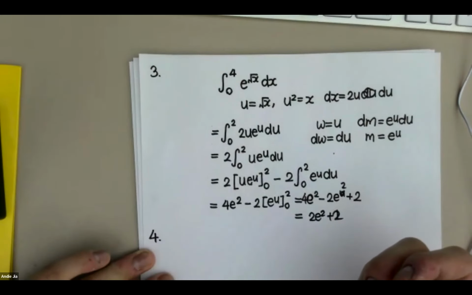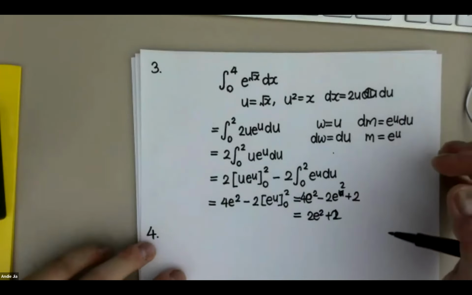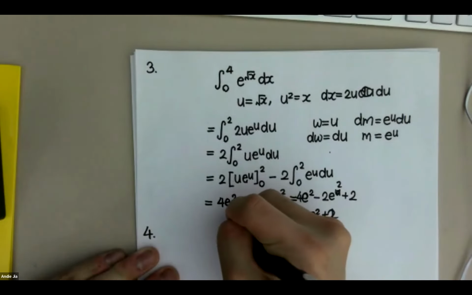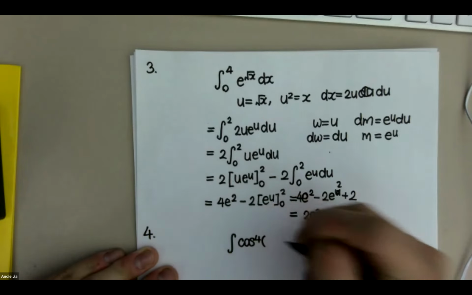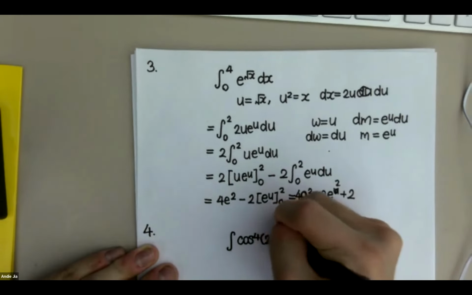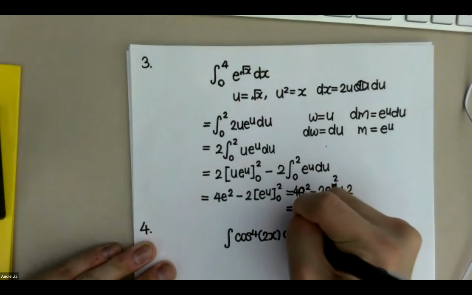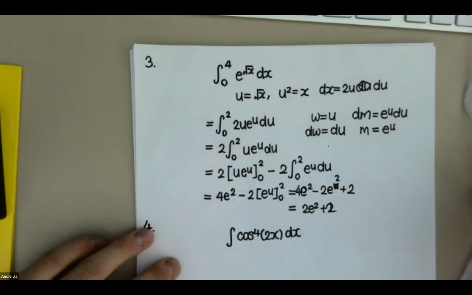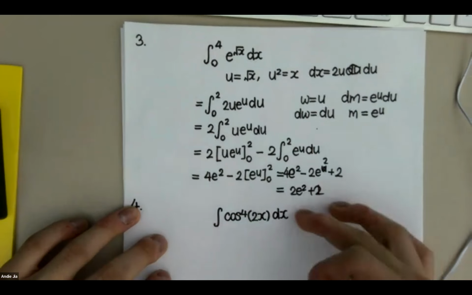So number 4 is the trig integral. It's an even cosine integral. Okay, I think now you can see my screen right here.